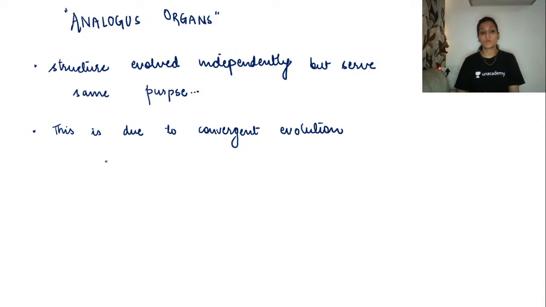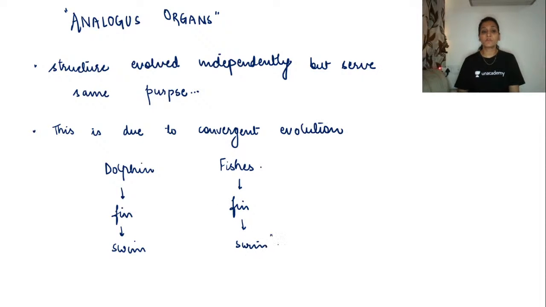So an example is the dolphin, which is a mammal and it can swim, and the other is fishes. Fishes have also got fins for swimming. So they both belong to very different categories.